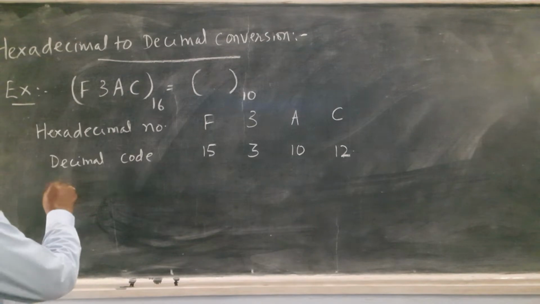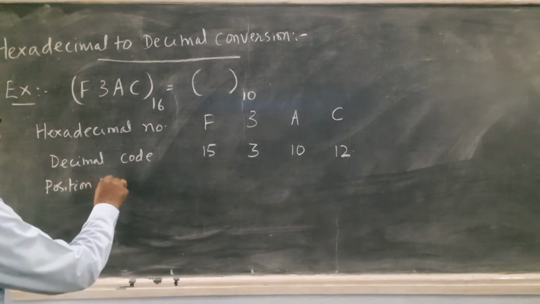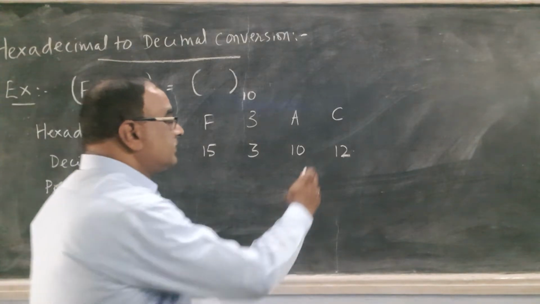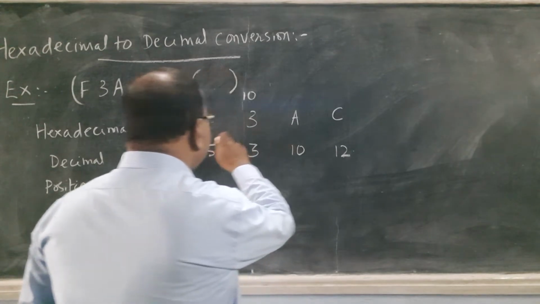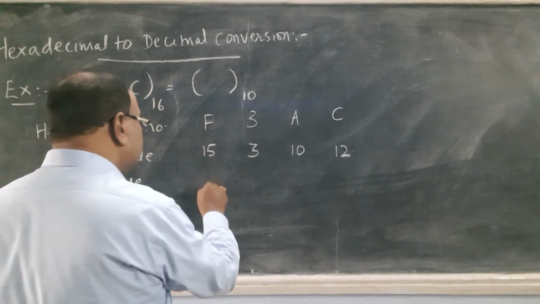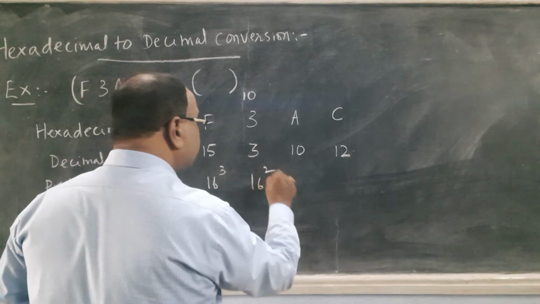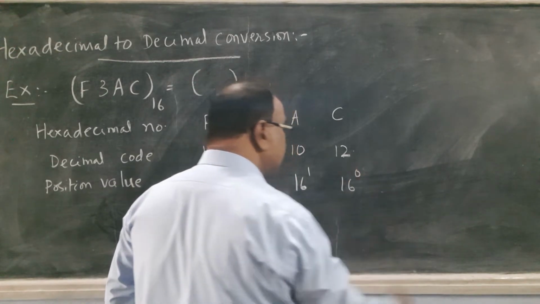So now write the position value of each of them. There are 4 digits. So this is 16 to the power 3, 16 to the power 2, 16 to the power 1 and 16 to the power 0.